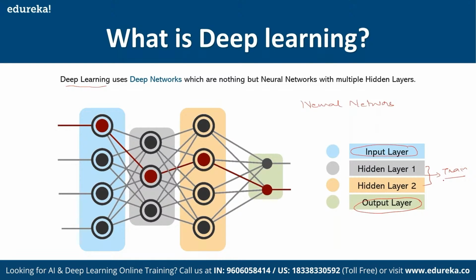Now when you have more than one hidden layer, you call it deep learning. You're trying to learn deep.